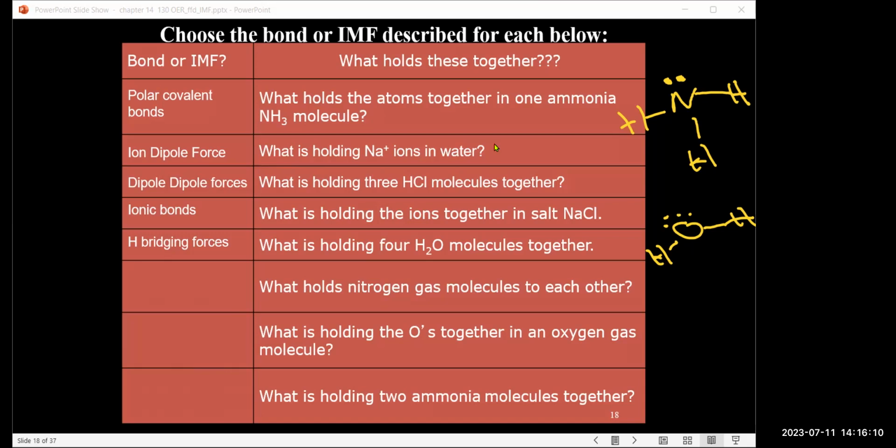What holds nitrogen gas molecules to each other, okay? So we're talking about gas molecules that are being attracted to each other, being held on to each other, which means intermolecular forces, okay?